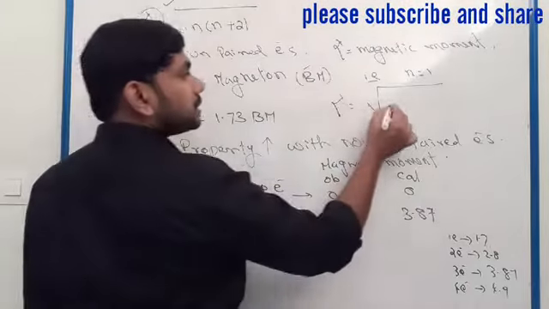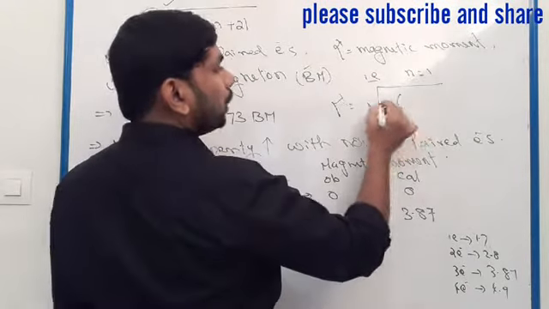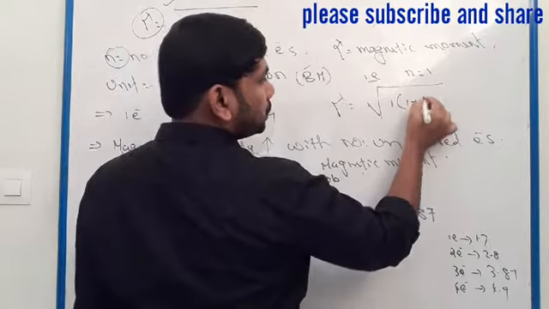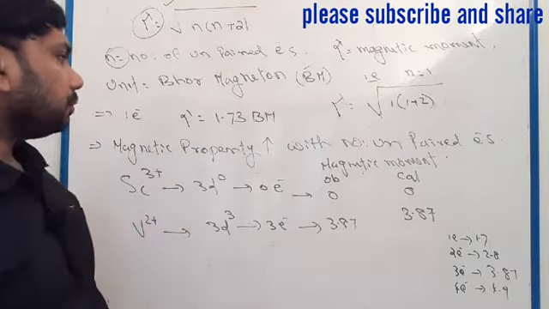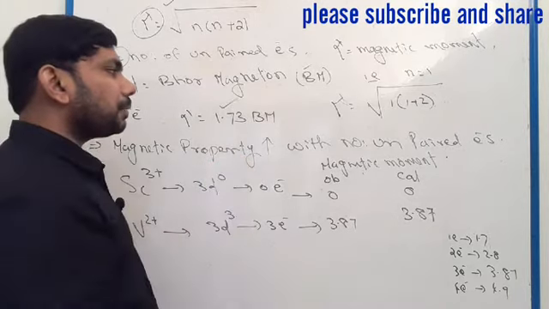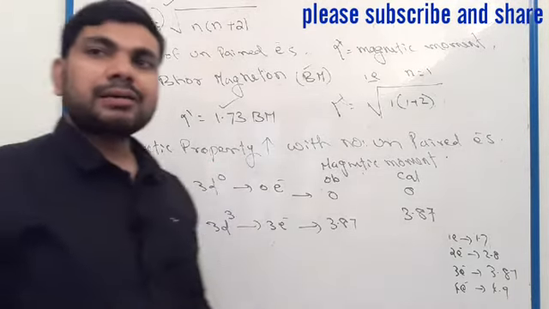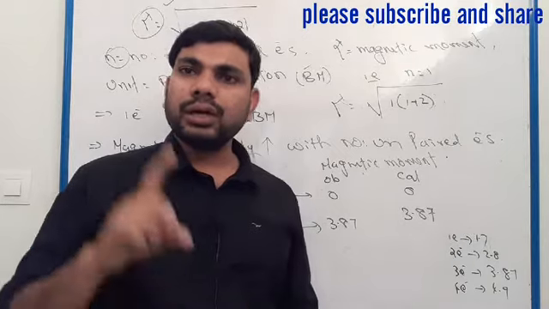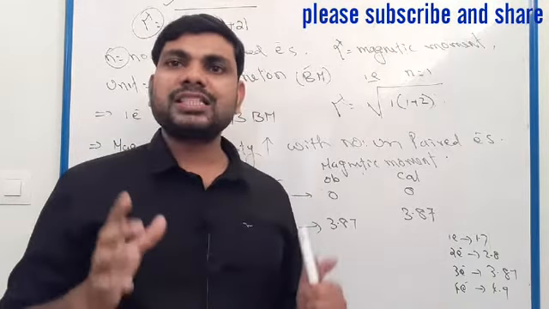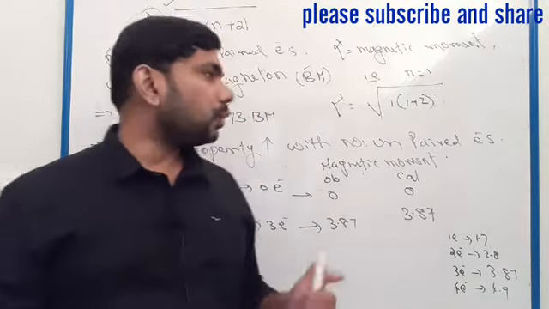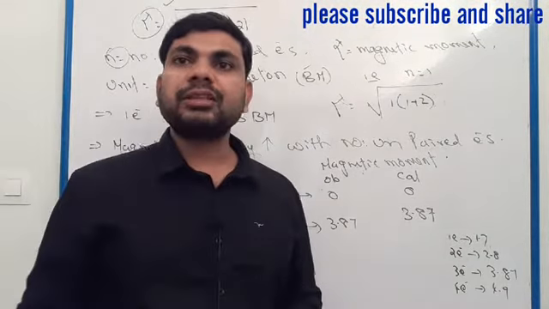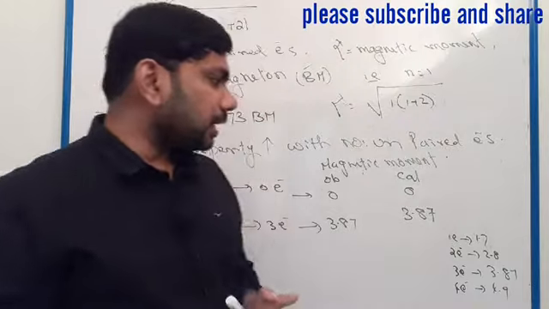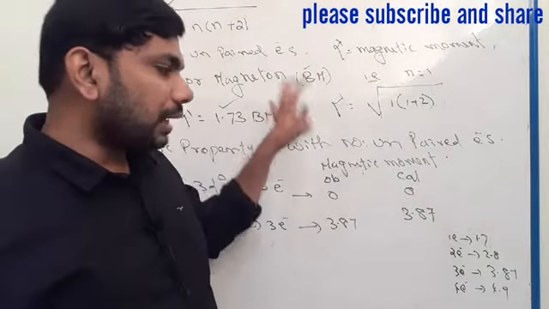So you can use this equation: 1 into 1 plus 2. When you solve this, you will get an answer around 1.73. So for a substance which contains only one unpaired electron, its magnetic moment will be 1.73 Bohr magneton.